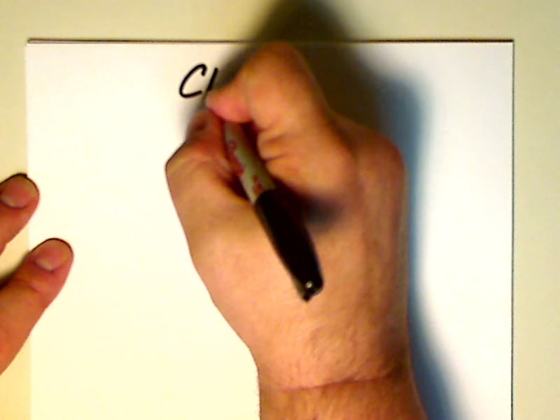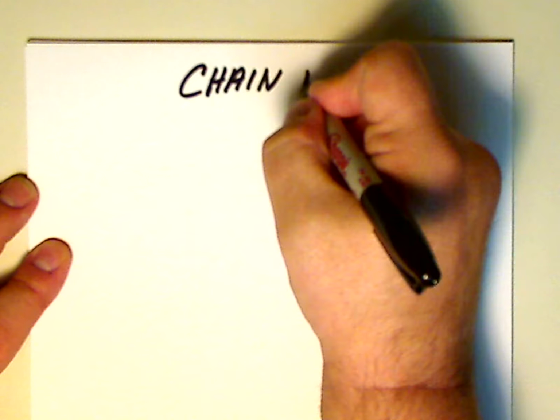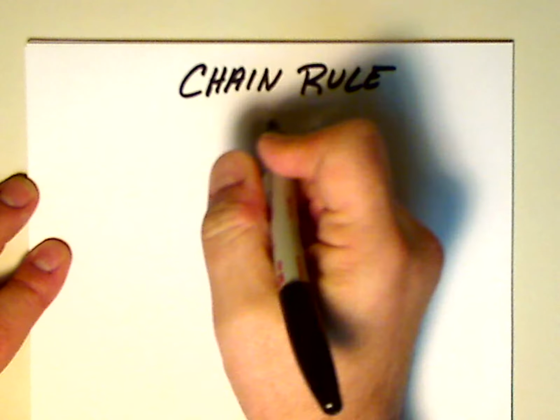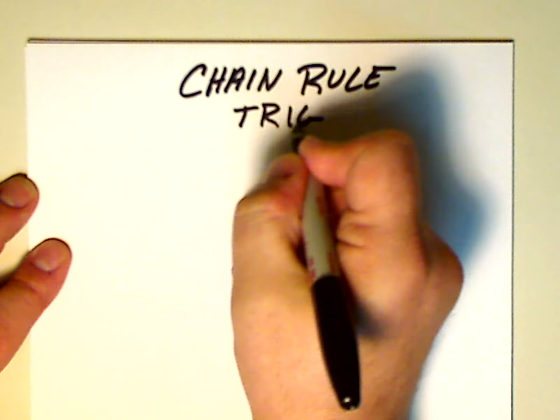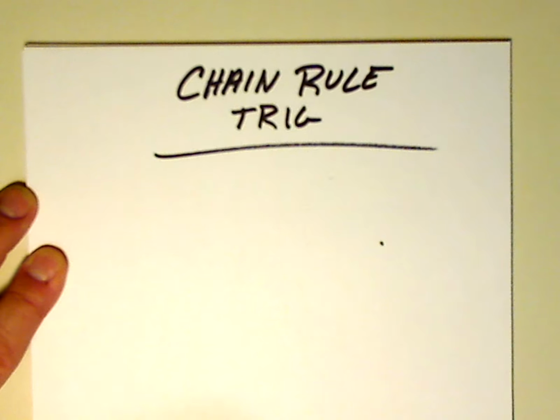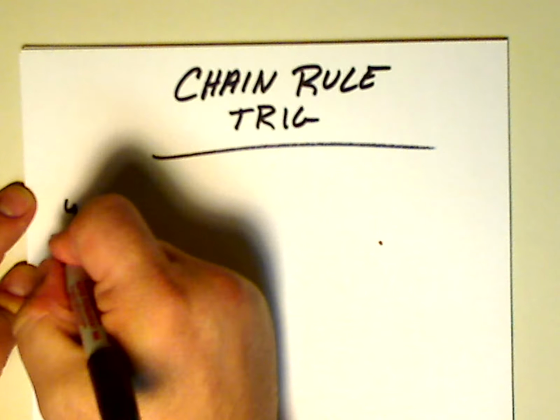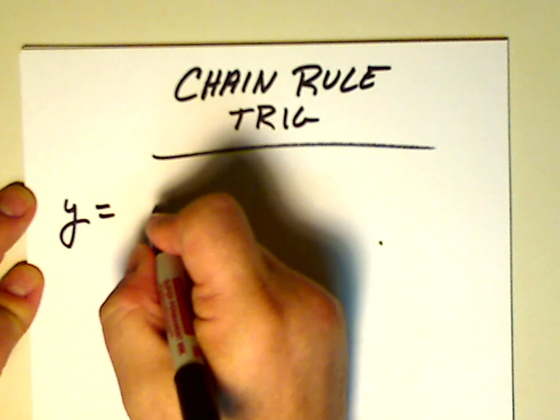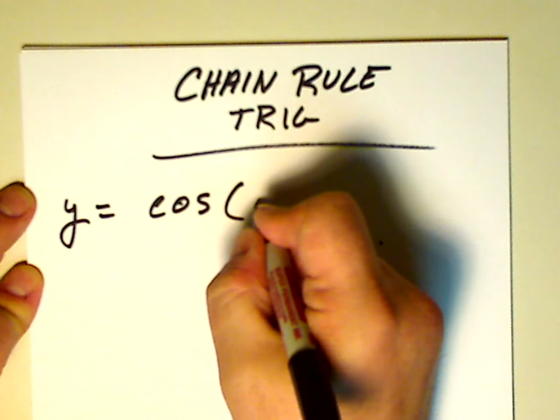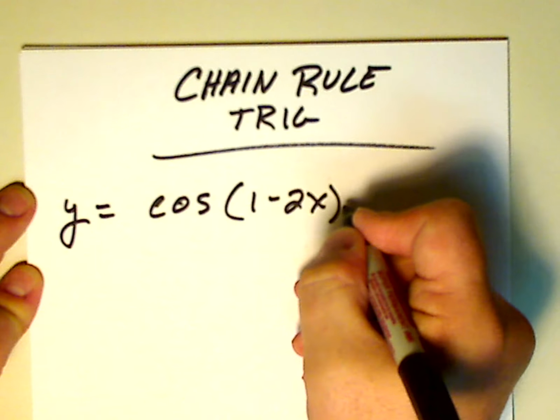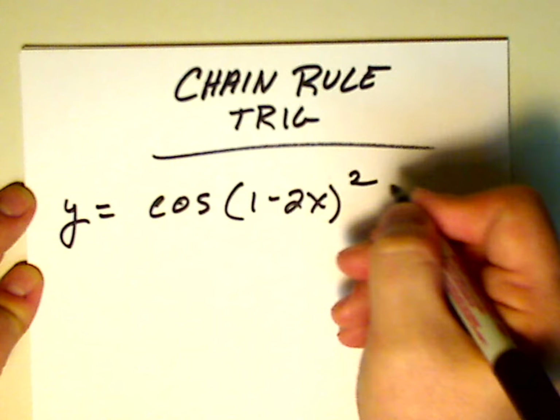So there's the first problem, and now let's take on the second chain rule problem regarding a trig function. How about this one? Y is equal to the cosine of 1 minus 2x squared.